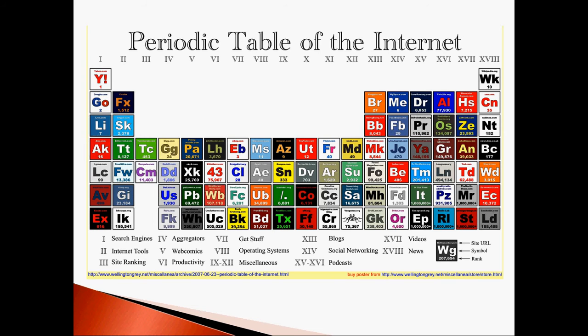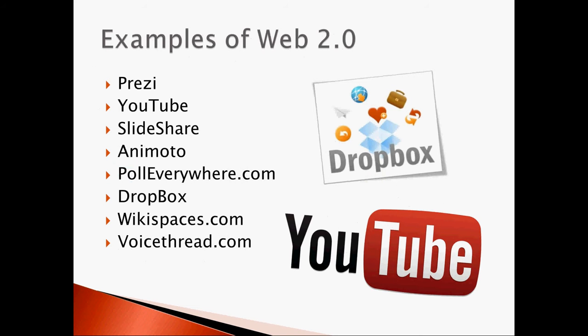Our next thing to take a look at is some examples of Web 2.0 tools, other than the one we're going to explain here, Dropbox. Prezi is an online presentation tool, along with YouTube, our video sharing Web 2.0 tool. Then there's SlideShare, which is also an online presentation tool, and Animoto as well.